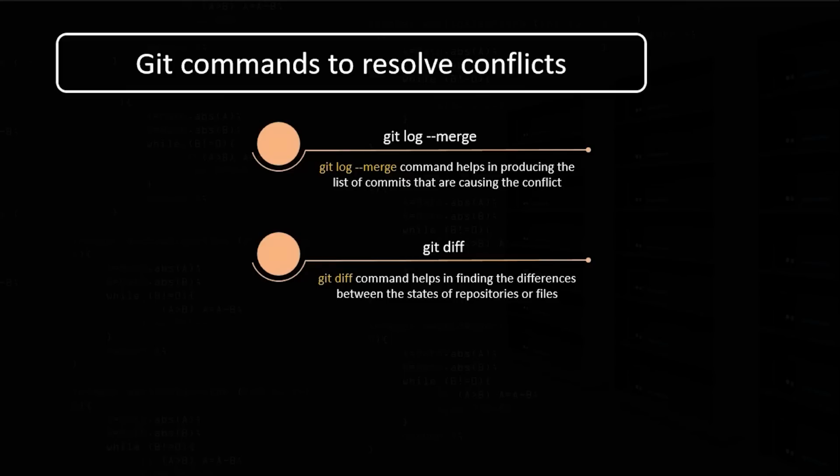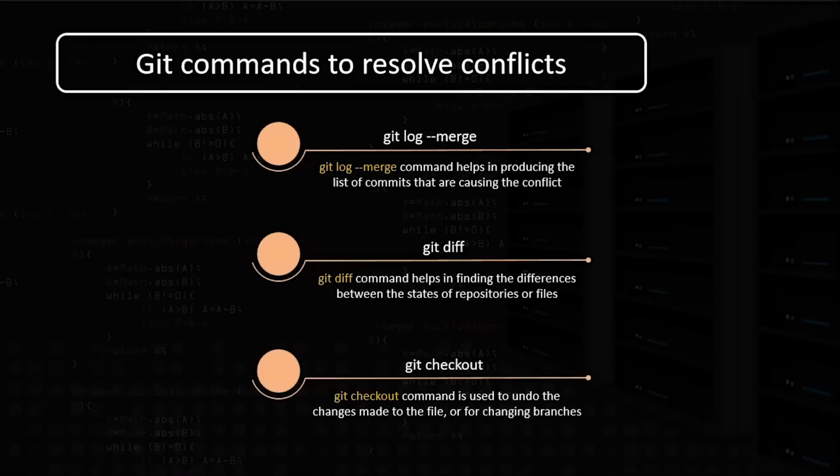Second, the git diff command, which you can always use to check the difference between the files in the repository. Git checkout is something you can use to check out a file, so that if you want to check out the latest content of a specific file or a folder, you can make use of this git checkout command.